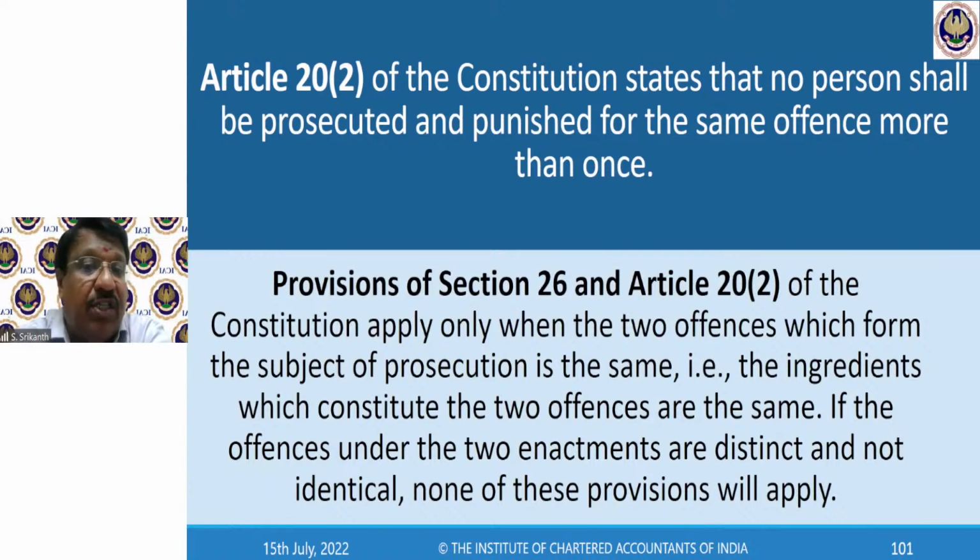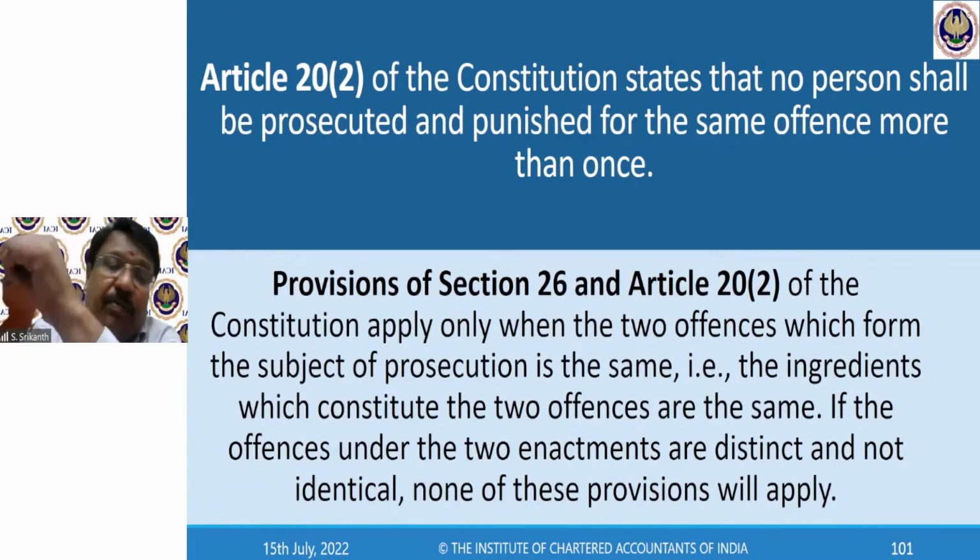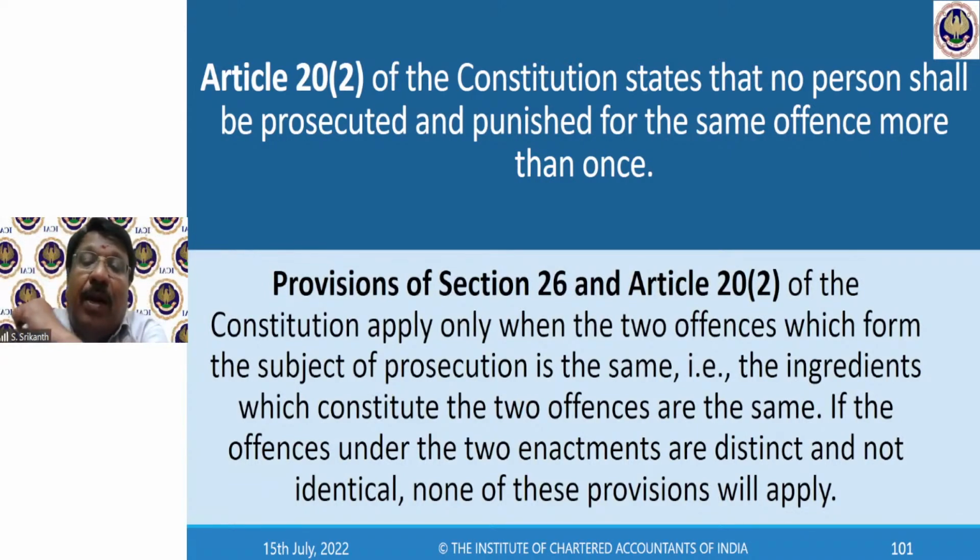Provisions of section 26 and Article 20 apply only when the two offenses are the same. The ingredients which constitute the two offenses are the same. Please understand, if the offenses under the two enactments are distinct and not identical, then this won't come. That is, the act may be the same, but they may become offenses in two different situations.